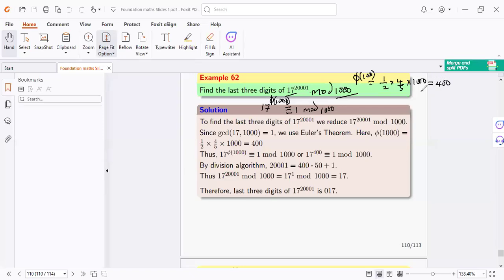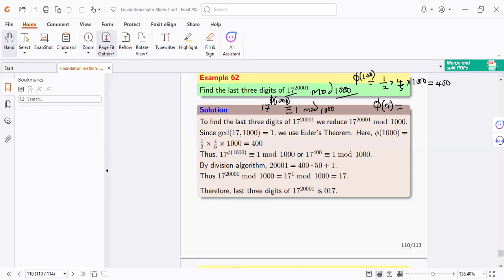Just to remind you again what phi means, phi of n. We said phi of n is the count of smaller numbers less than n and relatively prime to n.